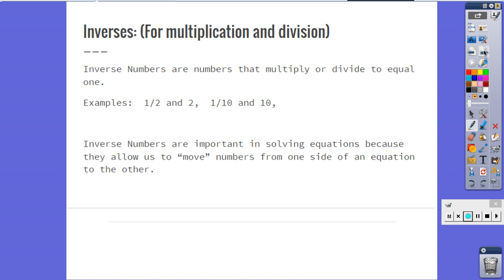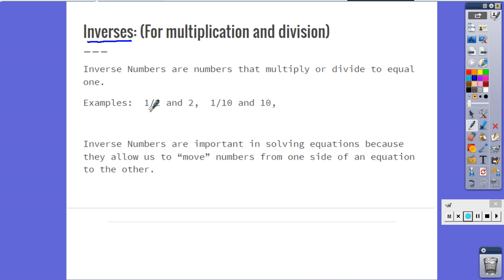So when we talked about solving with addition and subtraction, we talked about using opposites. Well, when we talk about multiplication and division, we have to talk about this word called an inverse. So inverse numbers are numbers that multiply or divide to equal 1.